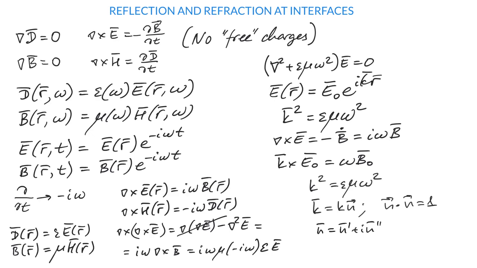So if we write n squared, both real and imaginary parts should be consistent with the right-hand side. So we'll have n prime squared minus n double prime squared equal 1, and the product of n prime and n double prime is equal to 0.